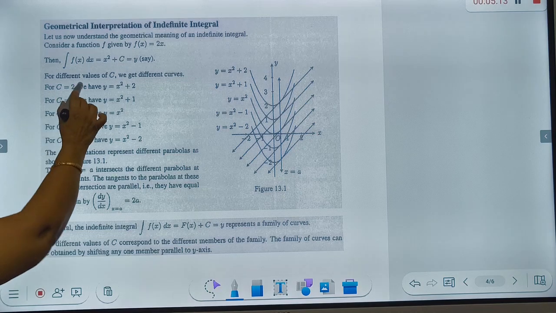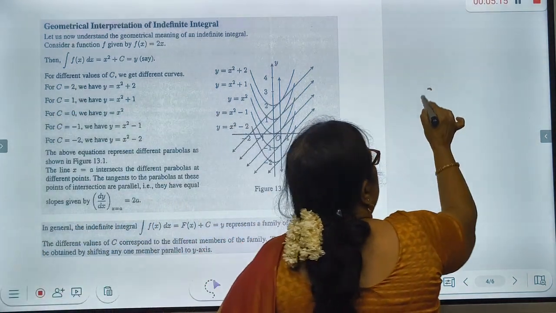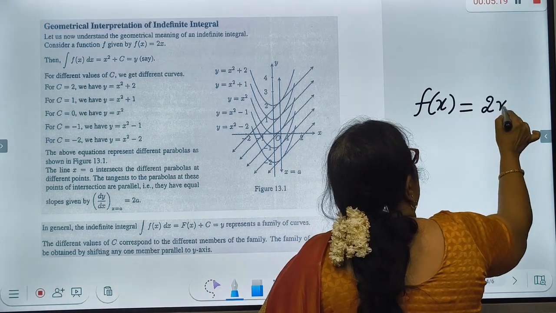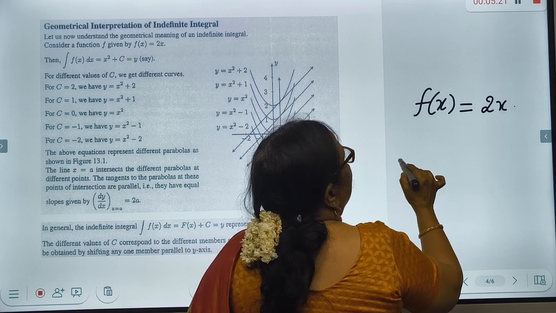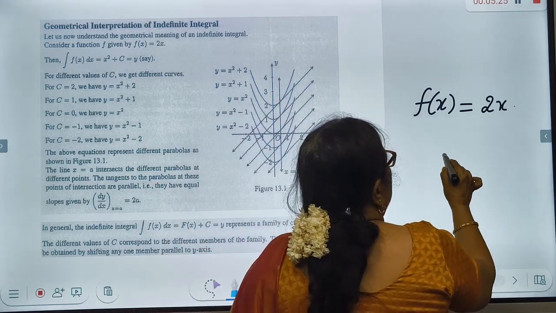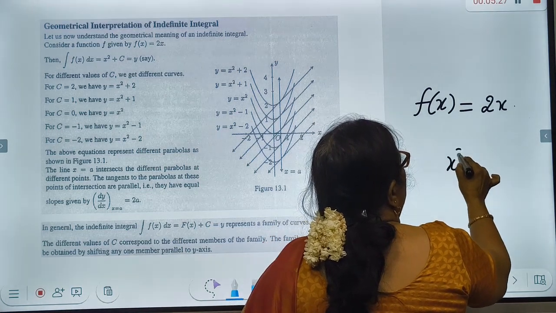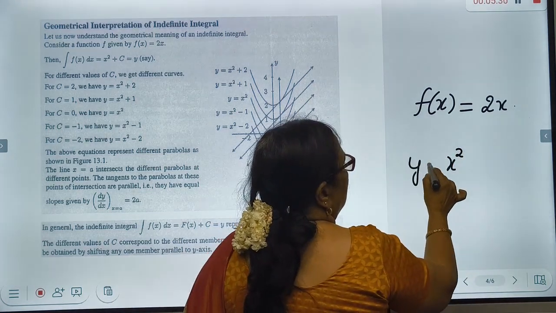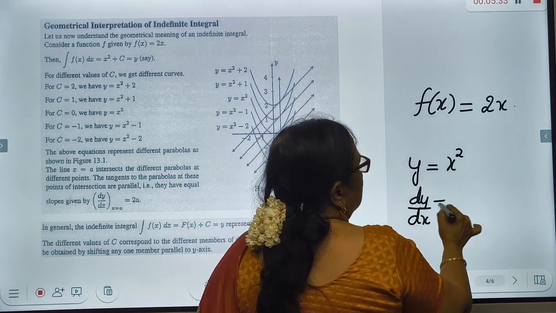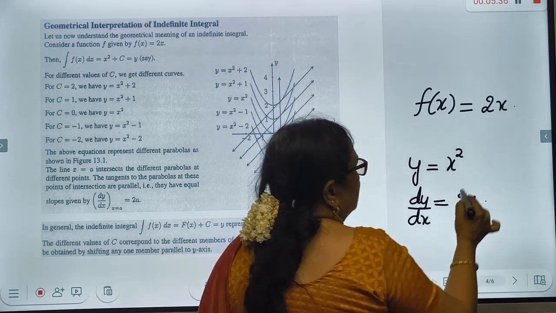For example, if you have f of x equal to 2x, what is integral of 2x? We know that if y equal to x square, dy by dx is equal to 2x.